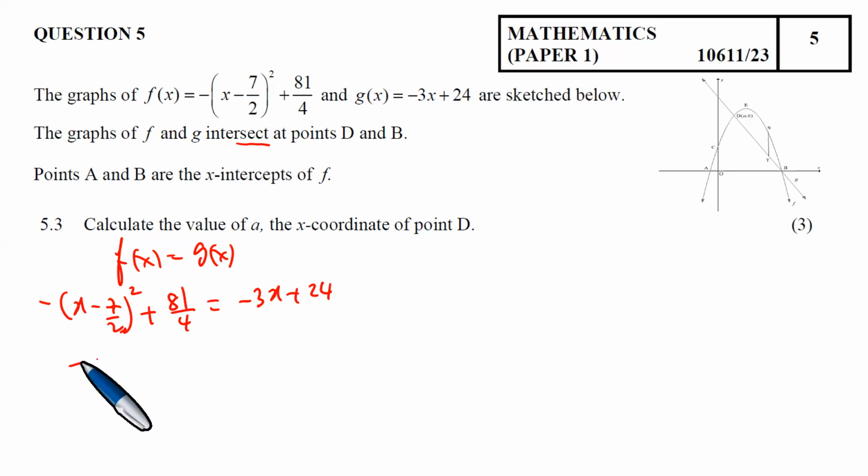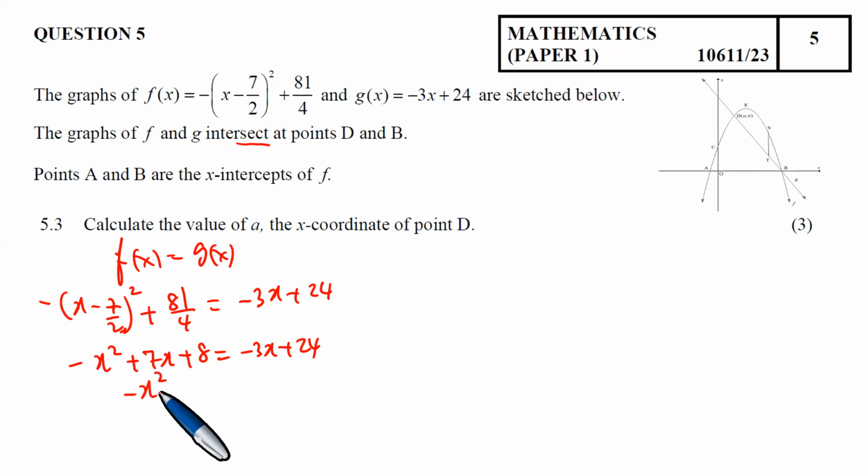This is exactly minus x squared plus 7x plus 8, which is equal to minus 3x plus 24, which means that you have minus x squared plus 10x minus 16, and this is equal to 0.